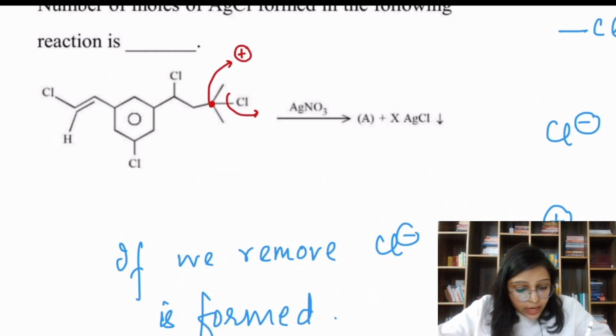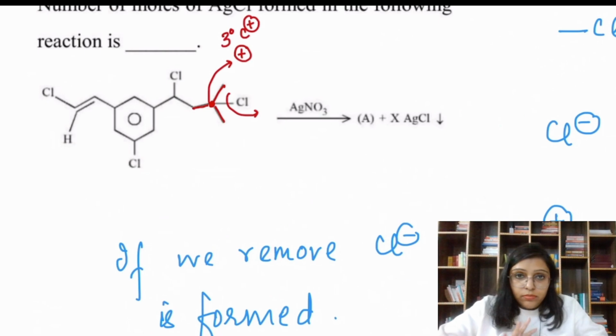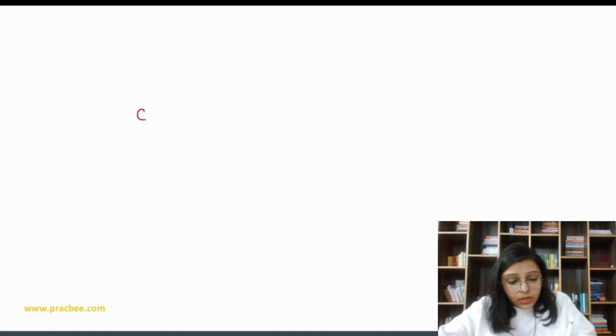Now this carbocation is bonded to 3 carbons, so this is going to be a 3-degree carbocation. A 3-degree carbocation is stable because it has 3 electron releasing groups. See, CH3, suppose this CH3.